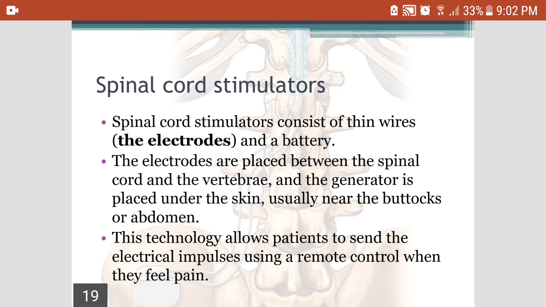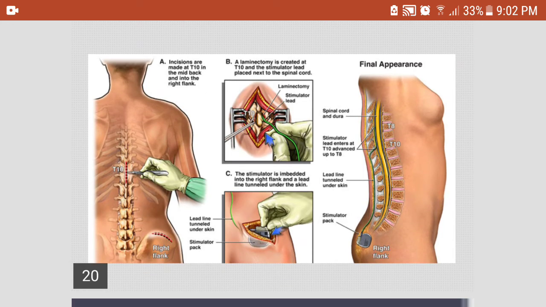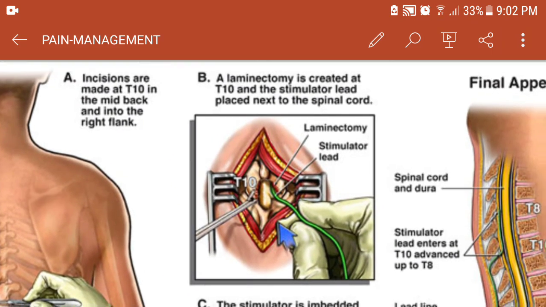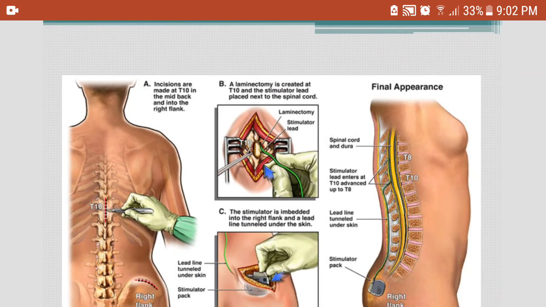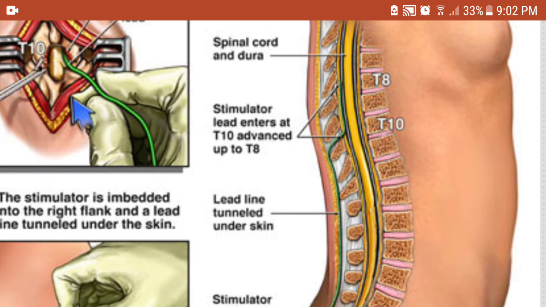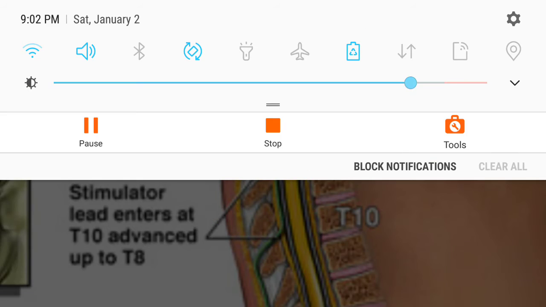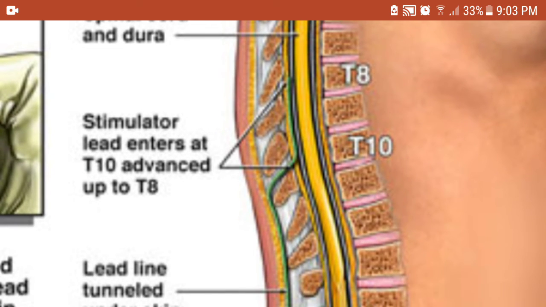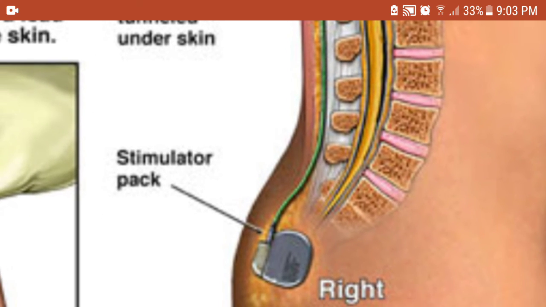So the electrodes, two electrodes, two wires, as shown here in the picture. Let me zoom in on this. As you can see, the green color is between the vertebrae and the spinal cord, and it is connected to the battery.